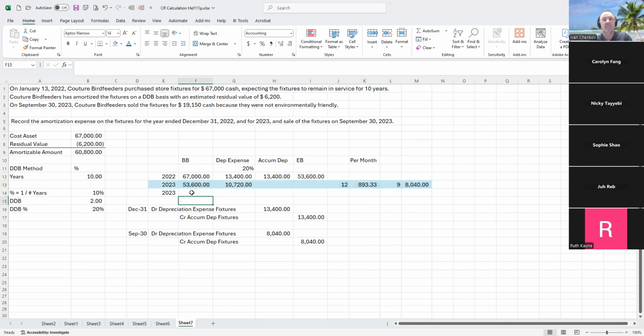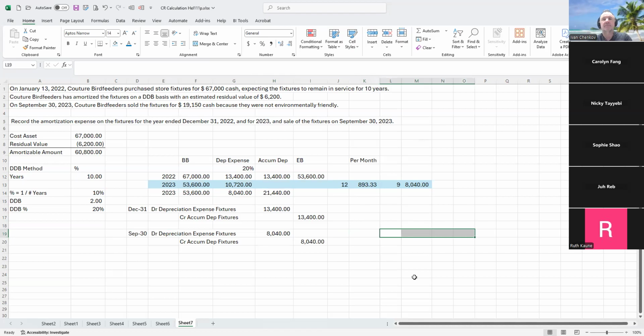But for our calculation, we're going to have beginning balance and amortization only up to the point that we sold the assets. So what we're chasing is how much my accumulated depreciation is up to this point. So now I have my accumulated depreciation. Now I want you to see something. So watch this.